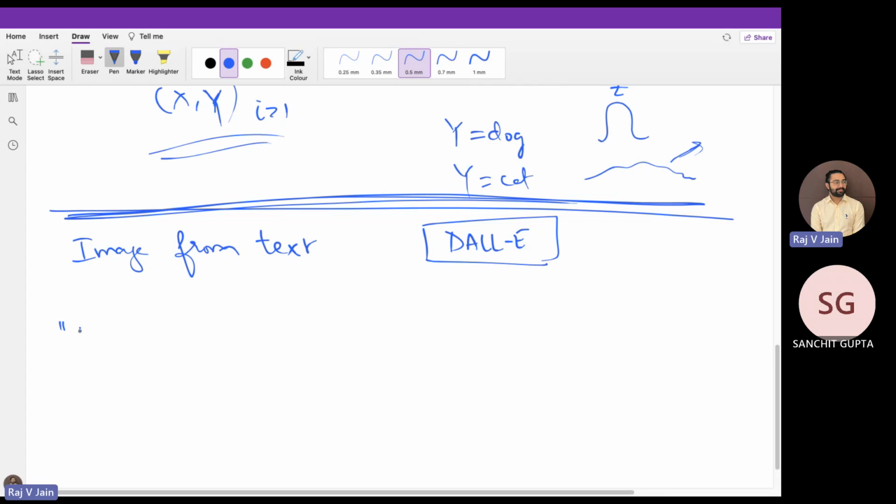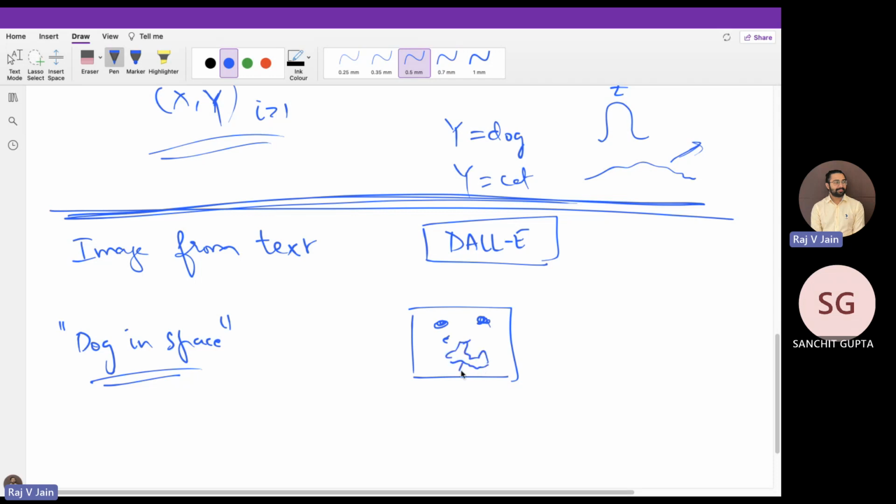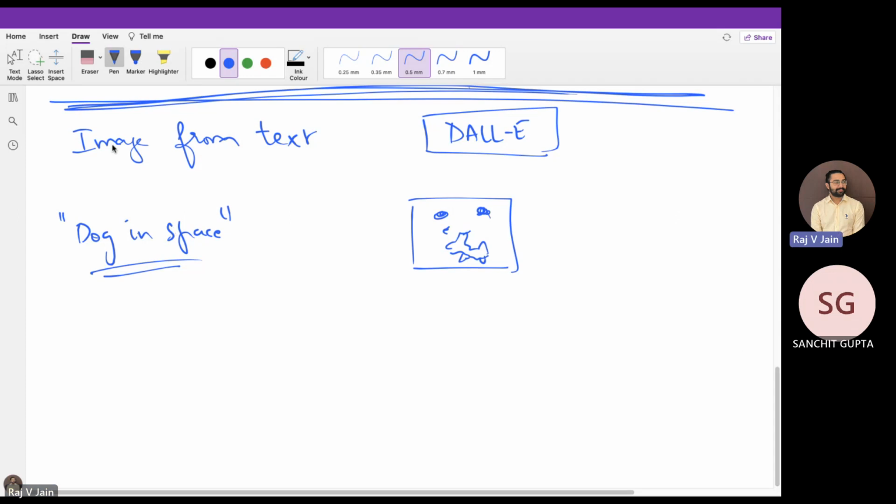If you give something like "dog in space" as a text, what you want is for your model to generate an image where I see some sun and Venus and all of that, and I have a dog here. So how do we go about doing something like this? That's the biggest question. This is where conditional generation comes into play.